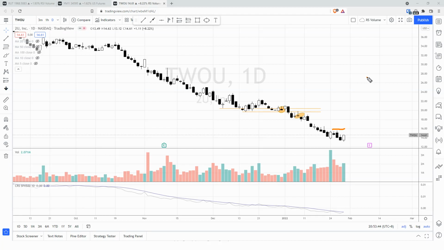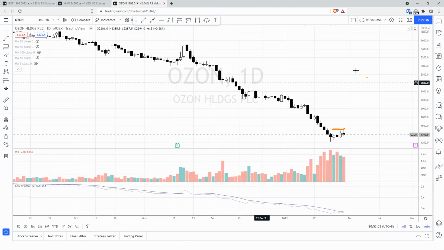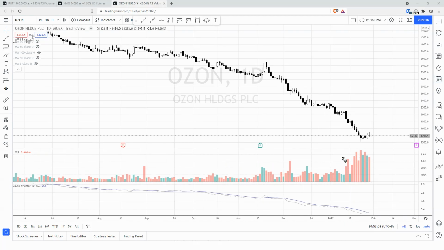And next one is Ozone. Let's see. Okay, so this is Ozone. This is also very interesting with ton of volume showing here. There's ton of volume, and definitely this is a selling climax. There's a demand tail here with the increasing volume.